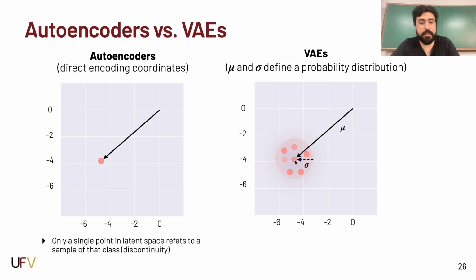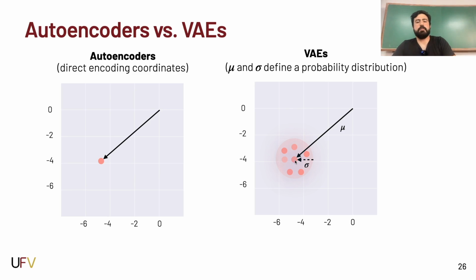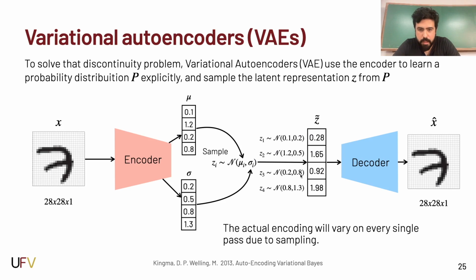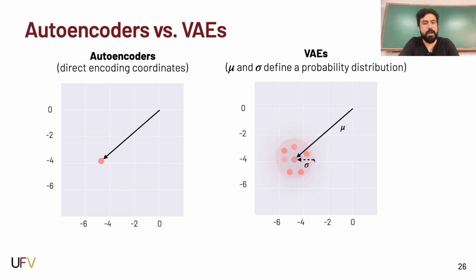Because of the sampling procedure, right, what happens is, let's go back to the previous slide. Because the Z tilde is sampled, the same input X will be mapped to different Z's. Is it clear? So if I do a forward pass in my network, the more I do this, the more I'll cover this surrounding area here.